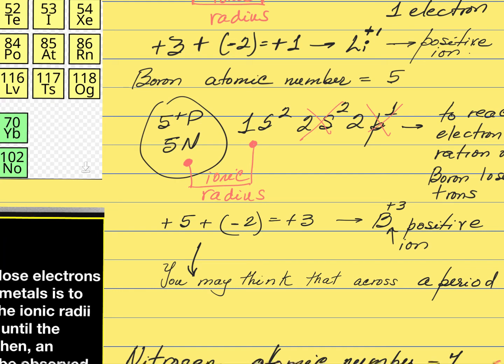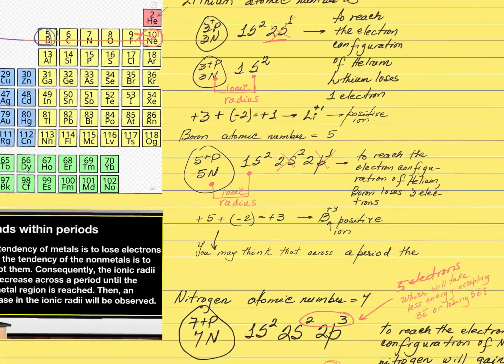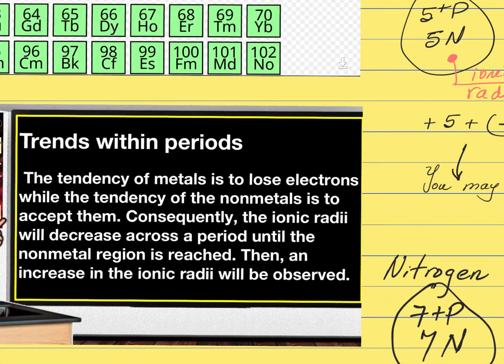So when boron is doing that, what's going to happen to the atomic radius? It's going to decrease. So yes, when you move across the period, I want to clarify this, the tendency within the metals is for the ionic radius to get smaller.